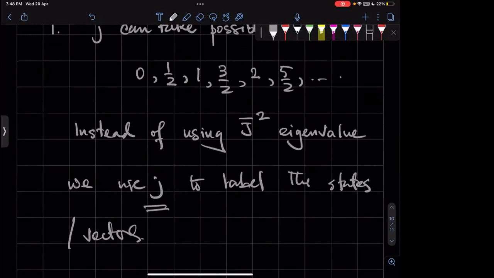J is just a number, so it cannot be an eigenvalue of this; this is a vector operator with three components. Even though J is not an eigenvalue of anything, we use J because if I give you J, you can construct J(J plus 1) easily, which is an eigenvalue. Okay. So this is a convention.